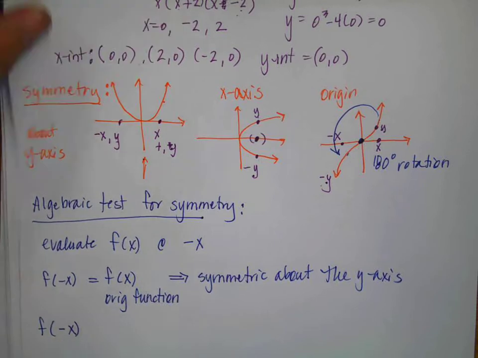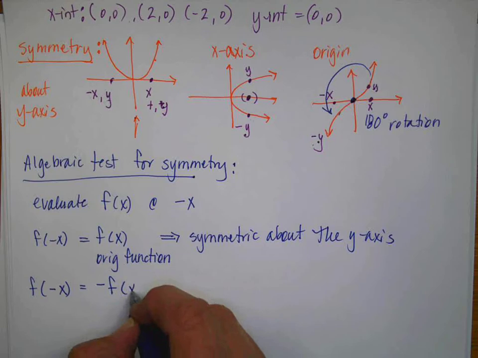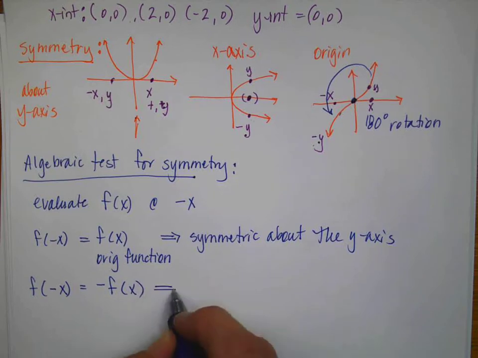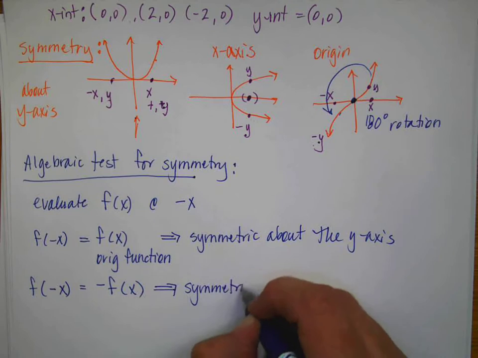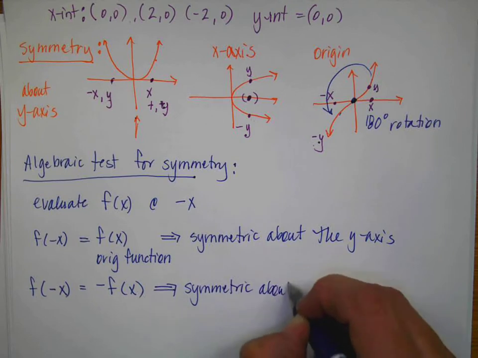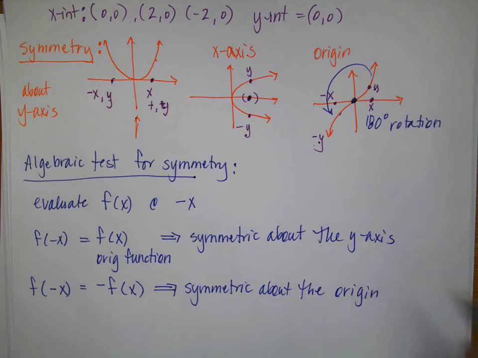If I manage a negative x and every sign is the complete opposite, then this is symmetric about the origin. That means every value in the equation is the exact opposite, then that is symmetric about the origin.